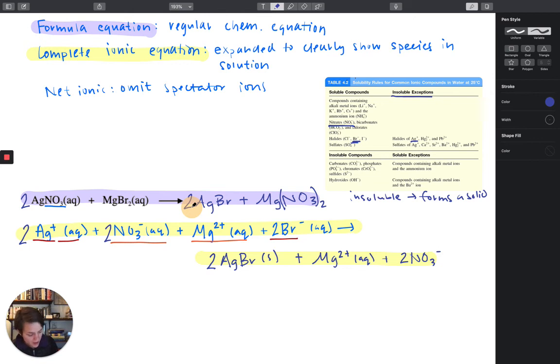Now we want to write our net ionic. So again, I like to approach this by just identifying what underwent chemical change. So it's nice just to start with your solid and then identify its parts. And then you just rewrite them.